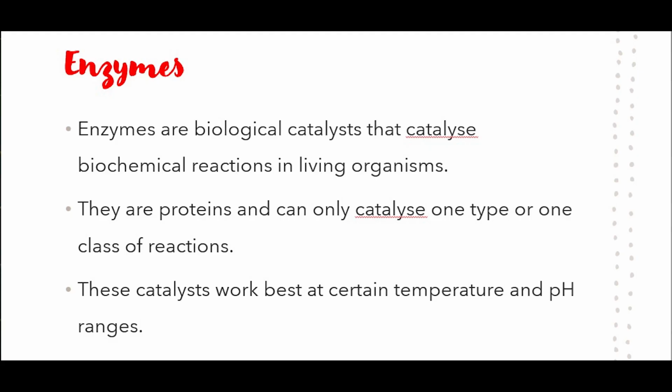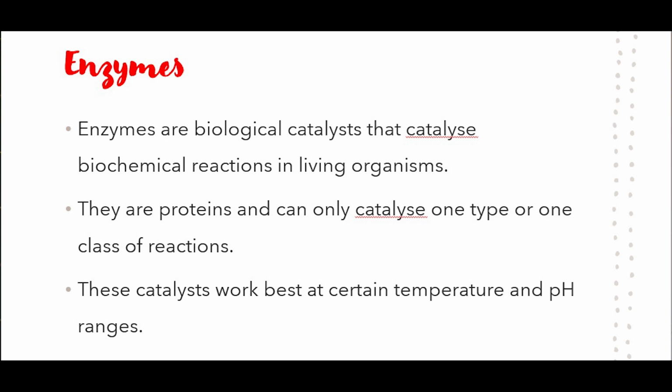Next one, enzymes. Enzymes are biological catalysts that catalyze biochemical reactions in living organisms. These enzymes are proteins and can only catalyze one particular type of reaction. Enzymes are specific in nature.